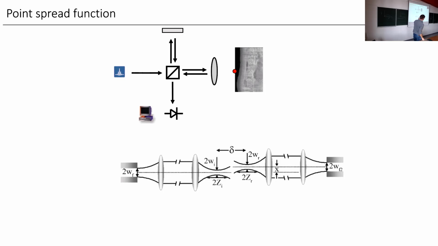If you can calculate the overlap, the efficiency of light going from here to here under these conditions, then we can say something about this focusing of the light. There are a couple of parameters that will enter into these calculations. First, we have the beam waist, that's the width of the beam.